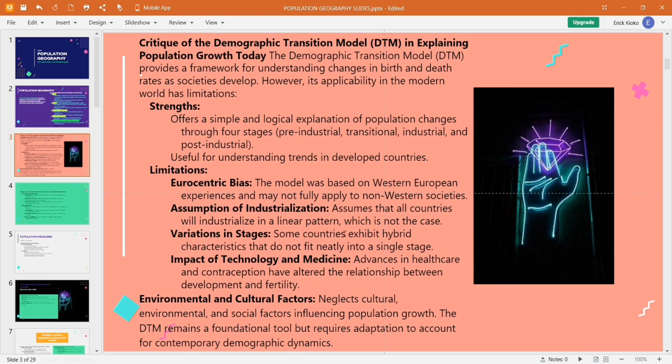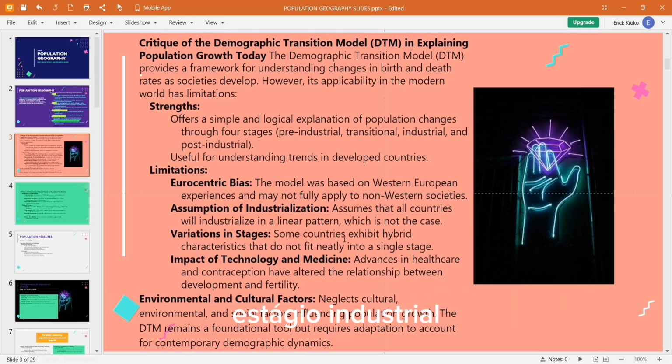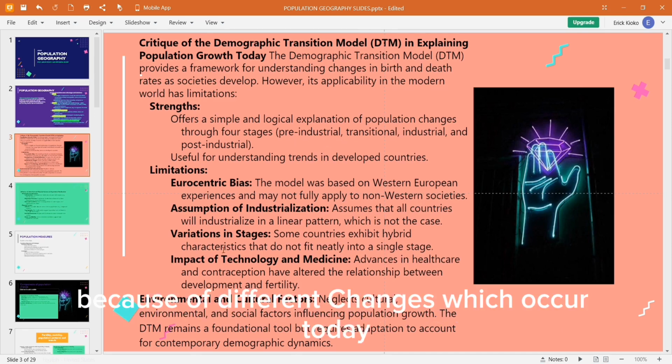But we know currently we have some changes. A country does not necessarily need to develop in a linear way, from pre-industrial to transitional, industrial, and post-industrial. We may jump from the pre-industrial stage to the industrial stage because of different changes occurring today.